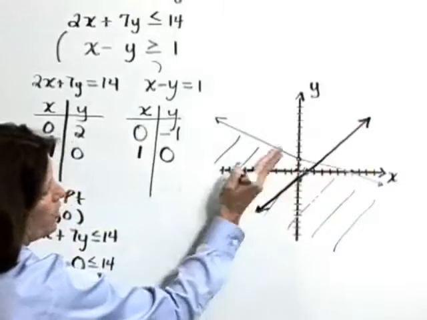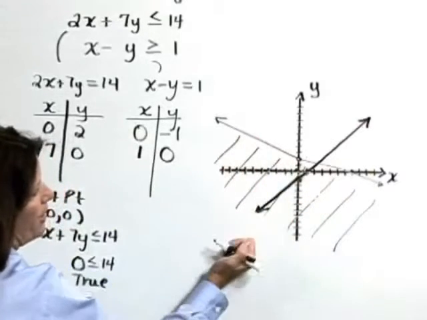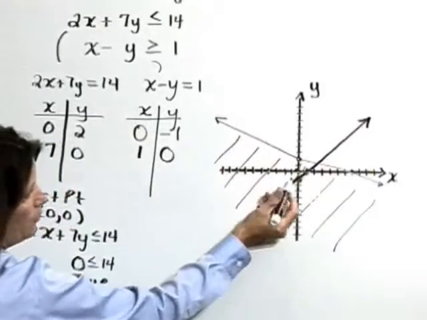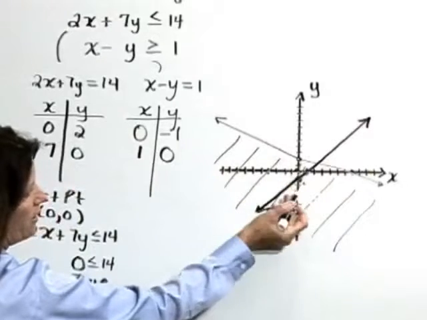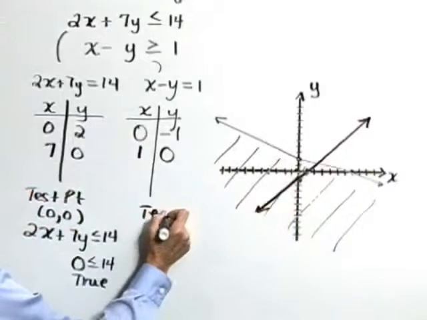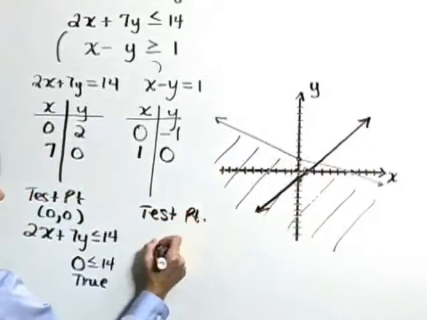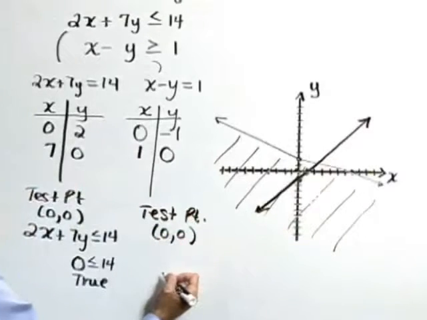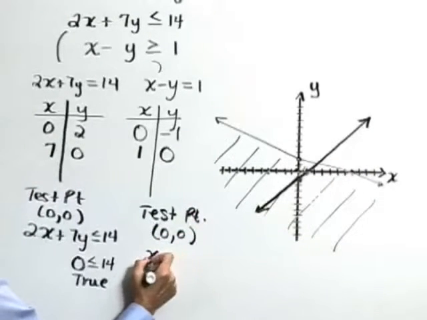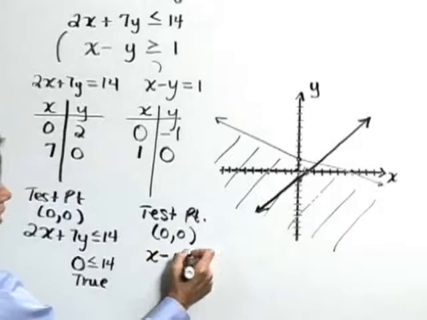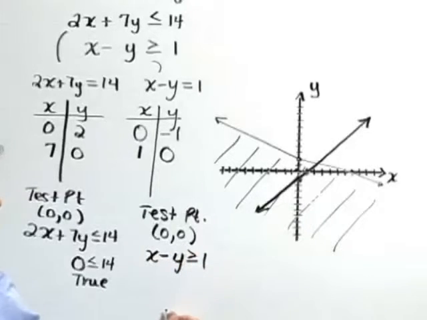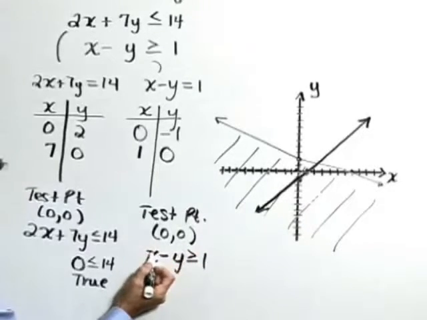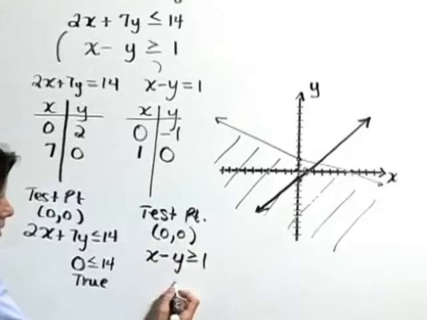And let's determine which side of this boundary line to shade. Again, we can test the origin because it's clearly off of that line. So let's, again, test the point, that is the origin at (0, 0). In the inequality statement, x minus y is greater than or equal to 1, if we substitute 0 for x and 0 for y, we'll get 0 on the left-hand side.